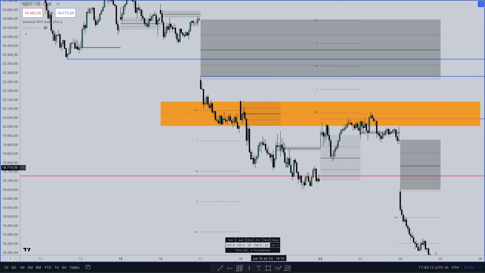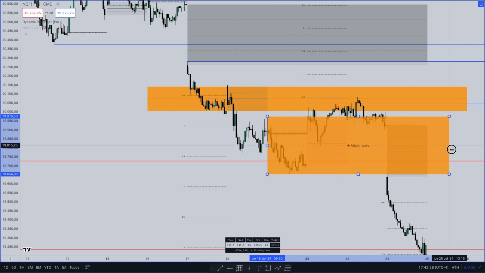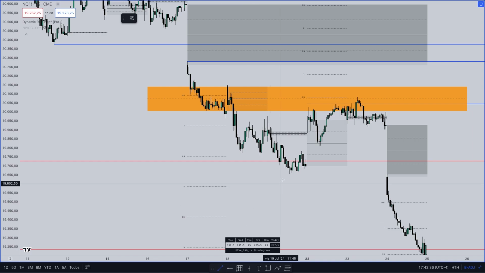Okay, so today I was expecting a little bit more of a touch of the lower quadrant of this range, because this is a breaker on regular trading hours. We take these highs and close below this low, but look, we come back specifically to the low only.